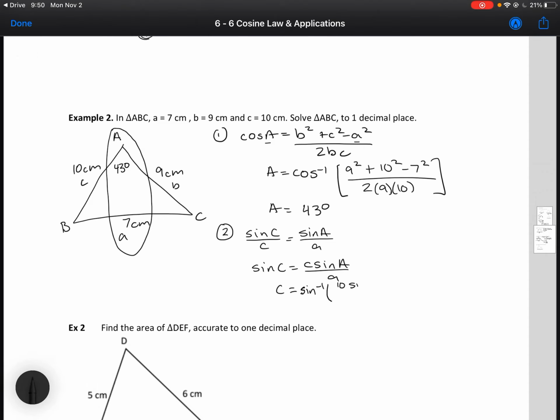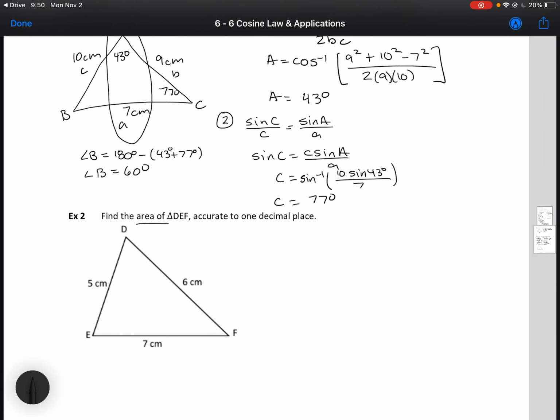Sine inverse of C sine A, that's the angle that I solved for at the beginning, over side length A is going to give me my value for C. When you do that in your calculator, you should get 77 degrees. Now my missing angle, angle B, I can just use the fact that all three angles in a triangle add up to 180, giving me B equals 60 degrees.